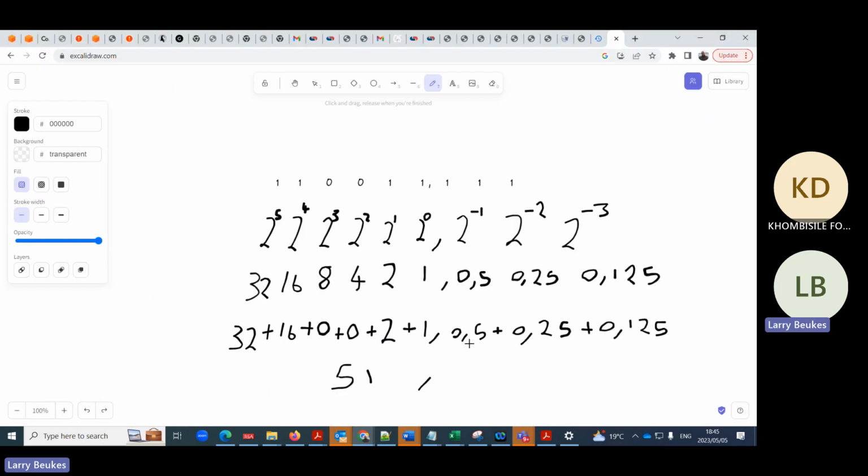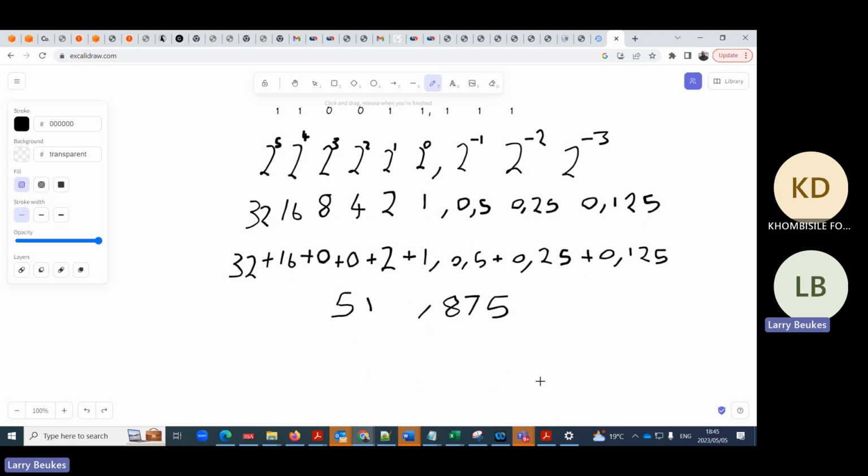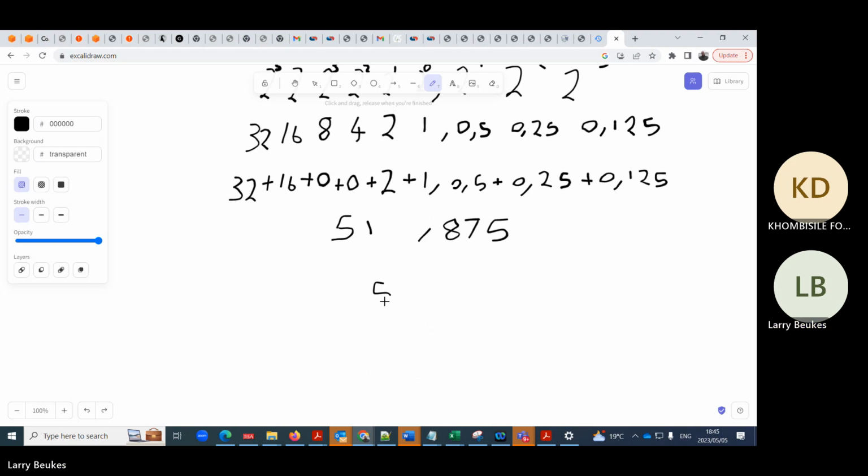So this plus this plus this, but let's see, 0.75 plus this, yes, it's 0.875. So your answer is 51.875.